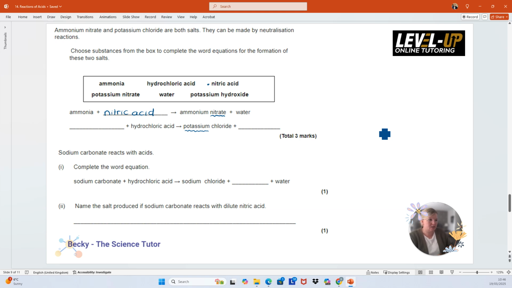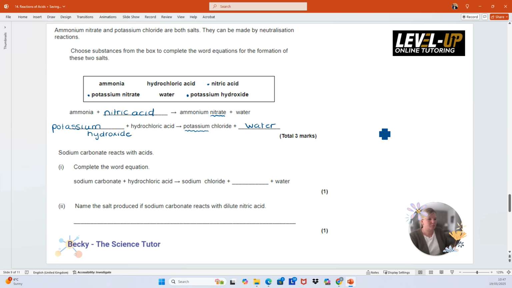The two that have got potassium in them: potassium nitrate is a salt because it's got nitrate on the end, so therefore we're going to have potassium hydroxide. Okay, so hydroxide plus acid gives salt and water. 1 mark for each correct selection.